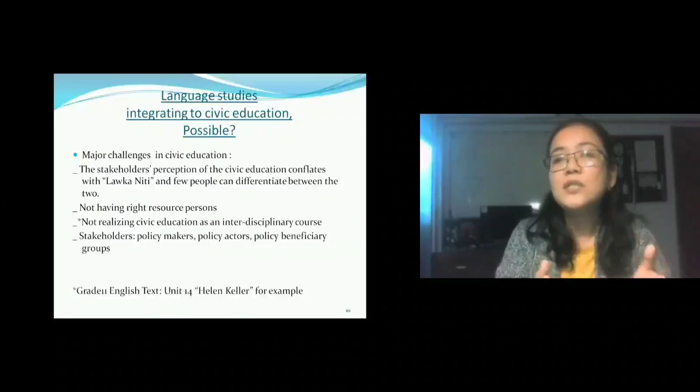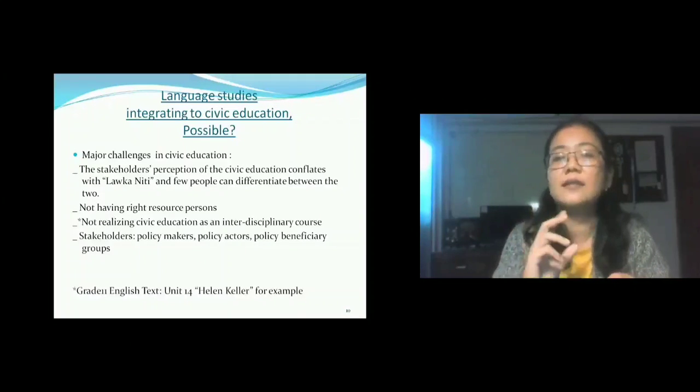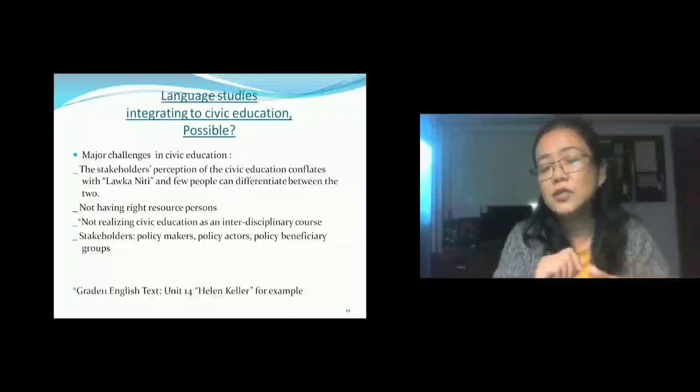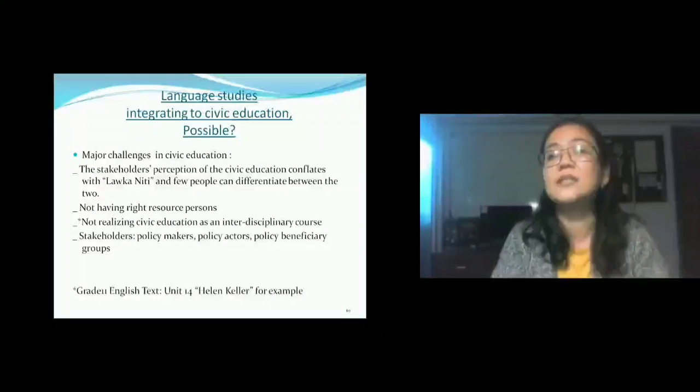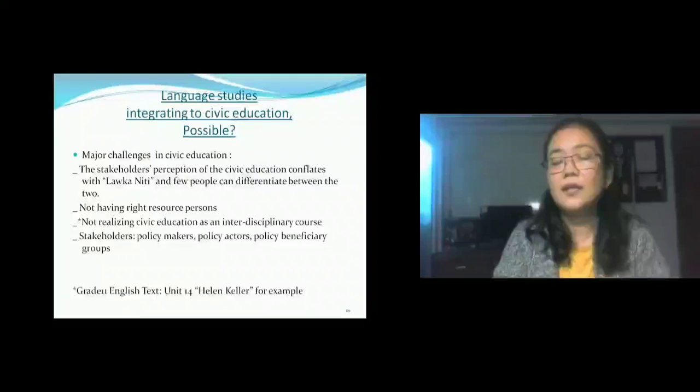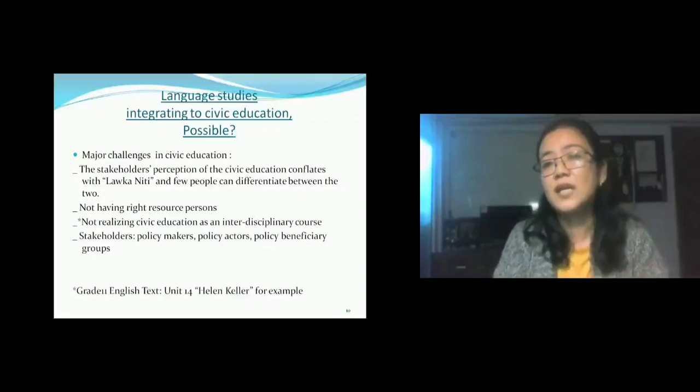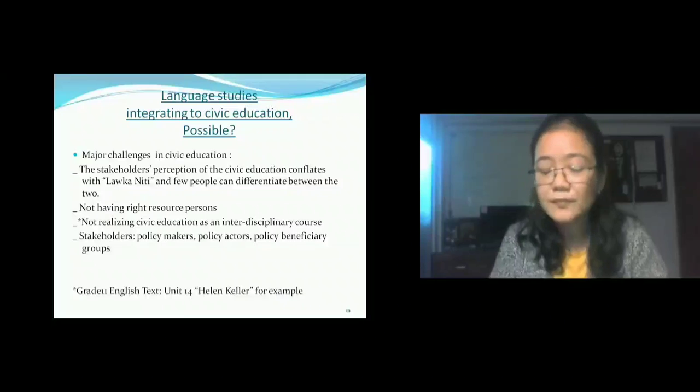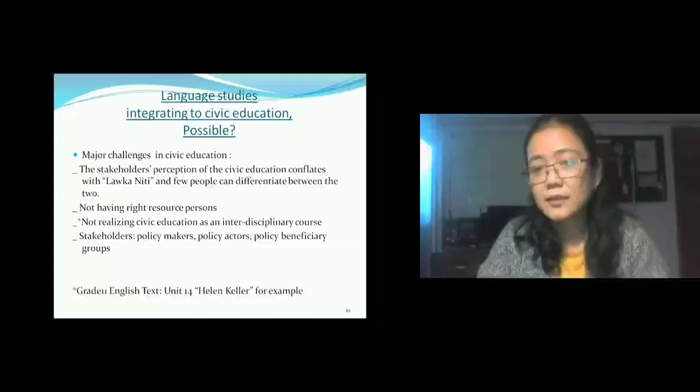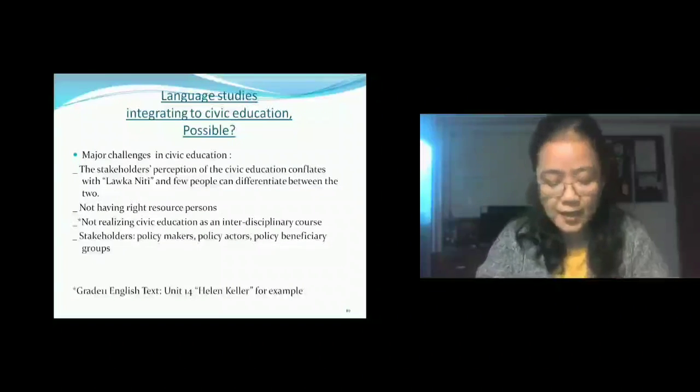So what we need is to look from the civic education lens at the existing content in the English language text and also in the Burmese. There are a lot of areas that we can discuss.